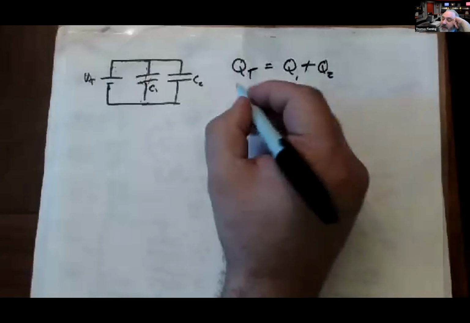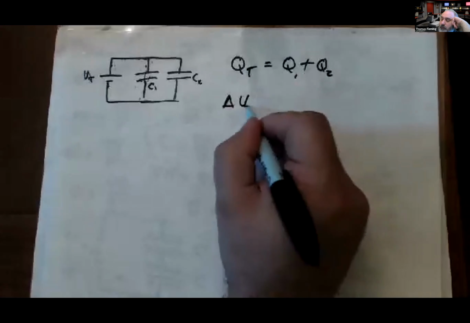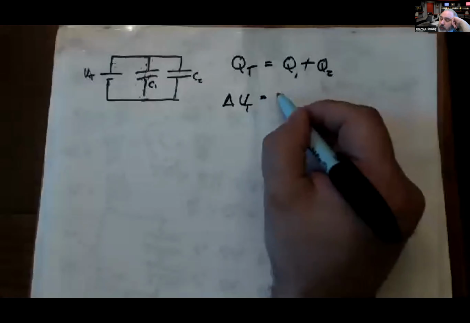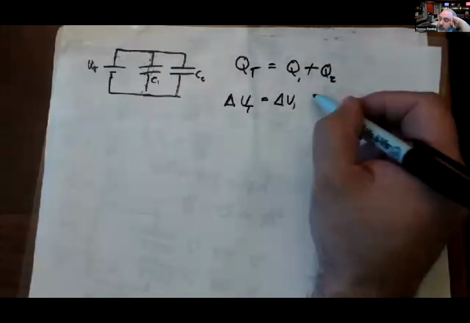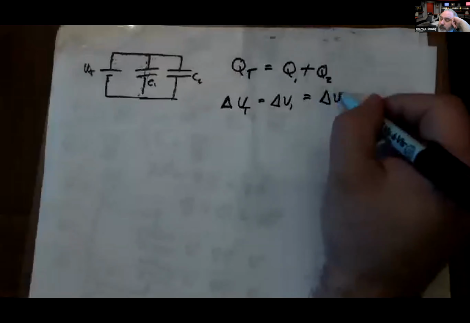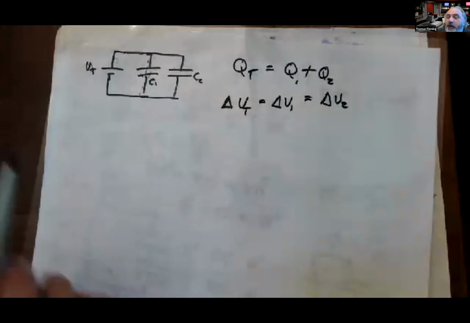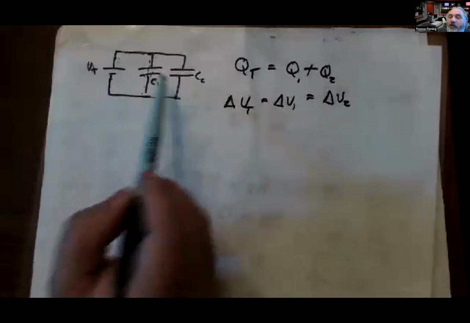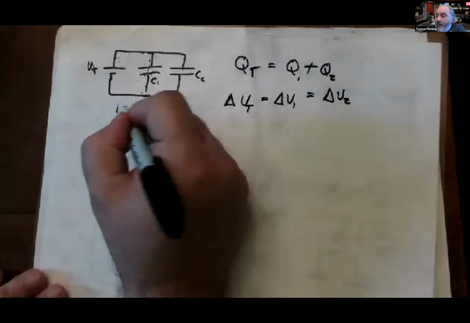So that tells me that delta V total has to equal delta V1, and by the same reasoning, delta V2 as well. So when I connect my capacitors in this fashion, the voltage drops across all of them have to be the same. That's different from before. We say that these are connected in parallel.